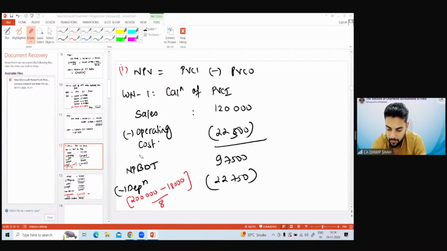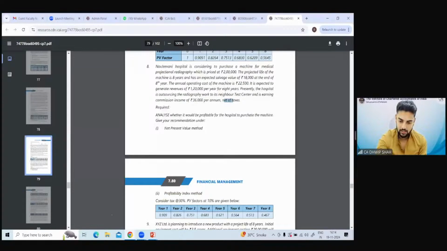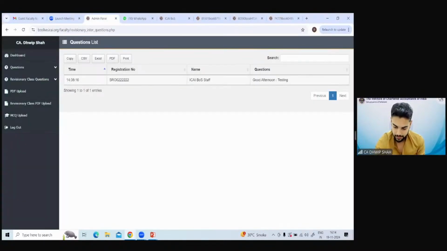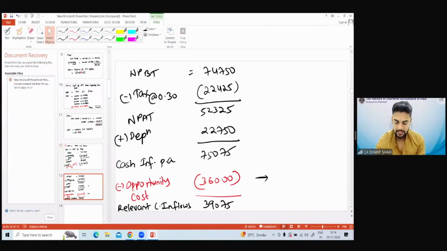Everyone is correct. Any queries? So since it is net of taxes, I subtracted after taxes. You need to read the question carefully. This is my purpose in pointing this out. It is net of taxes.